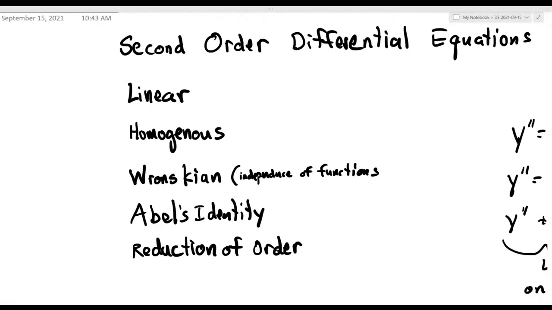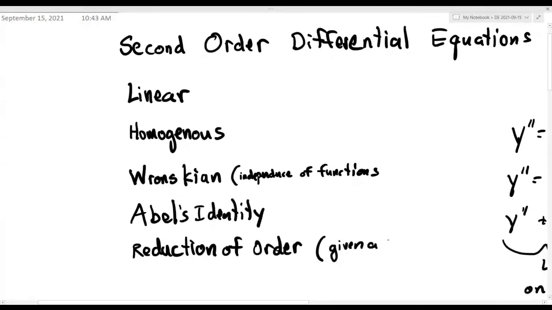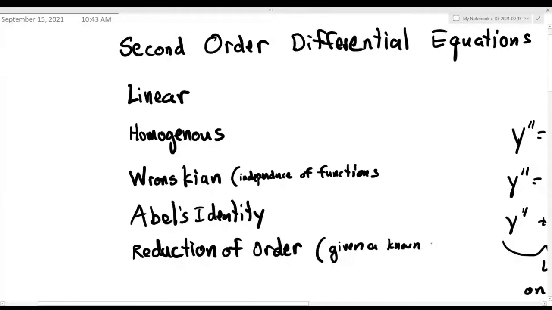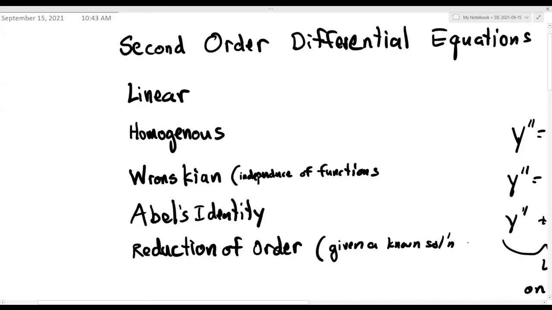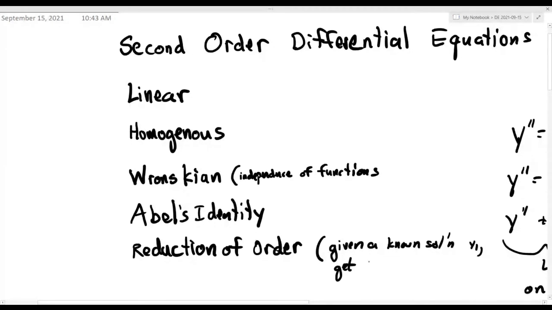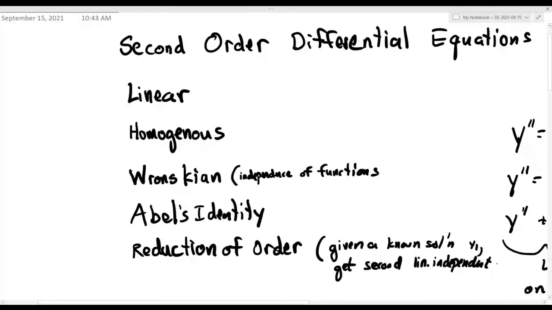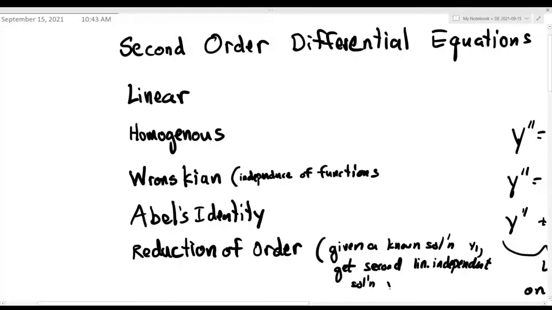And we'll look at Abel's identity and a procedure called reduction of order, by which, given a known solution to a second-order differential equation, we're going to find a way of coming up with a second linearly independent solution to the same differential equation. It's called a y2.